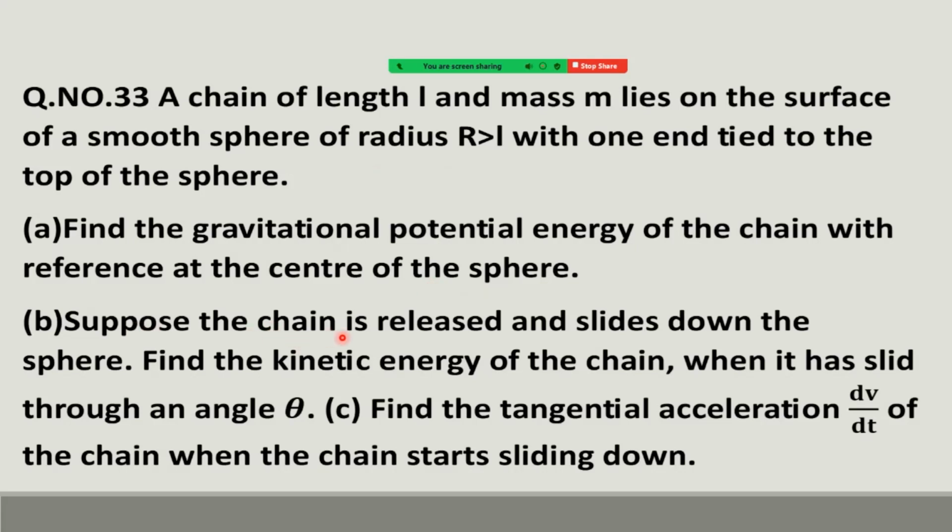Suppose the chain is released and slides down the sphere. Find the kinetic energy of the chain when it has slid through an angle theta. Find the tangential acceleration dv by dt of the chain when the chain starts sliding down. Let us see.